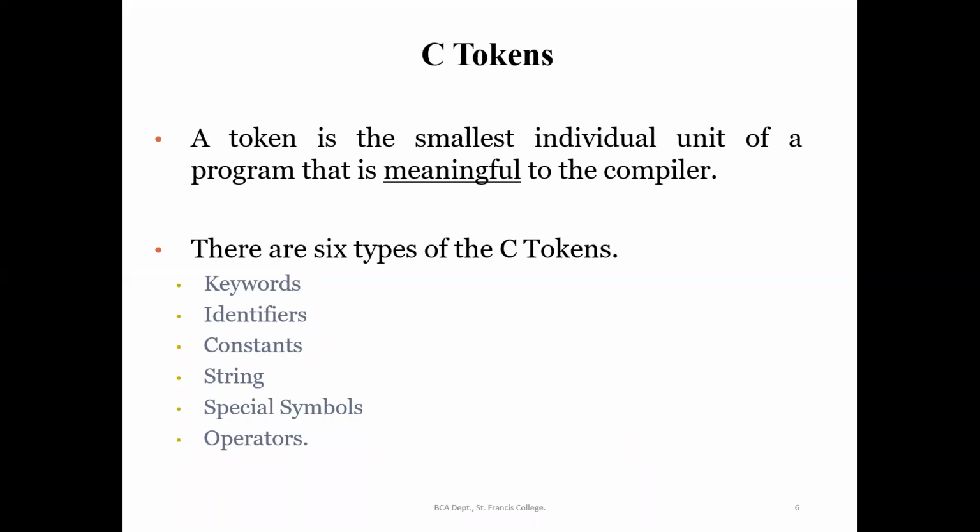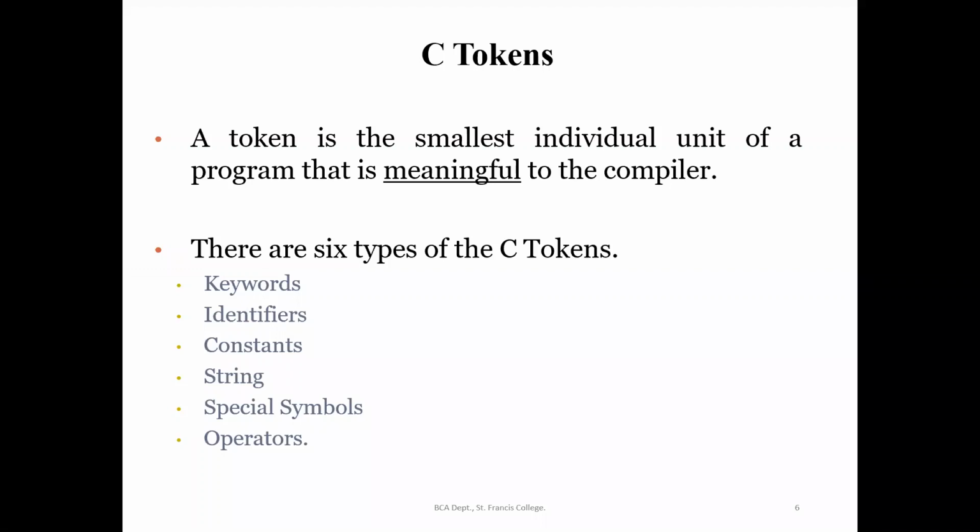Previously I was telling the character set; you can see in your keyboard all that we have, and all of that we can write as the character set. But if you just press a dollar symbol or a bracket, the compiler will not understand. We have to make it an individual unit which the compiler will understand.